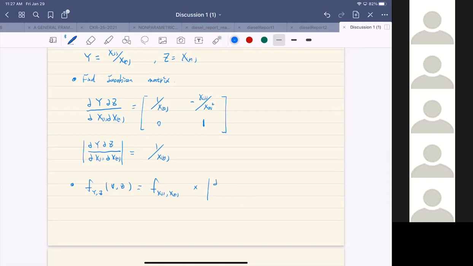In this case, the inverse of this one, so this whole term is equal to Sn.